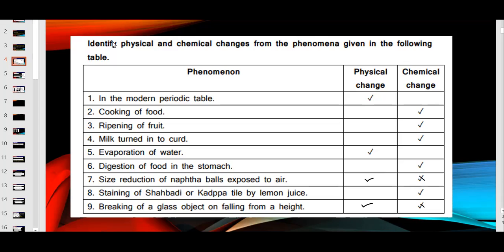Liquid state does not occur for naphthalene because it is in solid state. So it will disappear after some time. Okay, so we can say that the size is disappearing. The naphthalene ball is going into the gaseous state. So we can say it is a physical change. Okay, I left this question for you to think. Of course, if it is a live class, you would have told me, ma'am, it is a physical change. Okay.